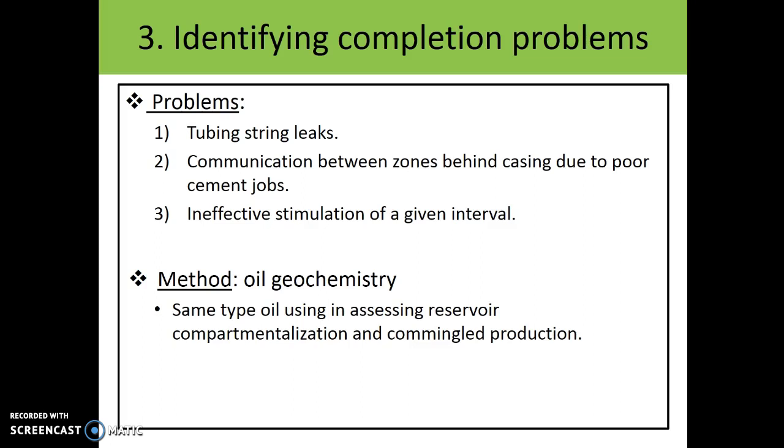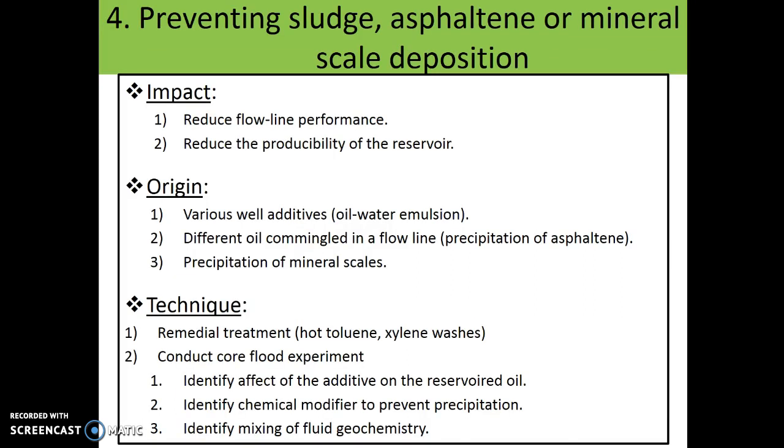To identify these common problems, they usually use oil geochemistry on the same sample of oil type that has been used in assessing reservoir compartmentalization and commingled production.